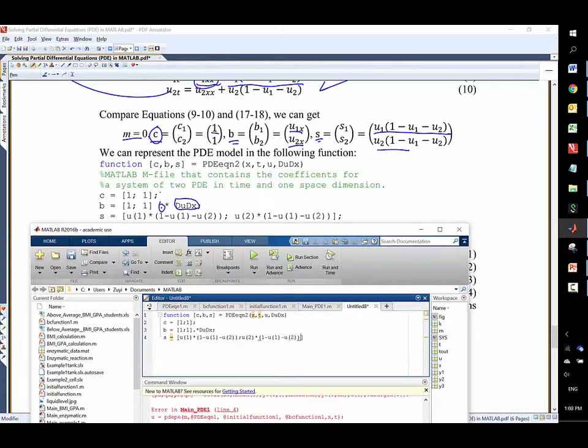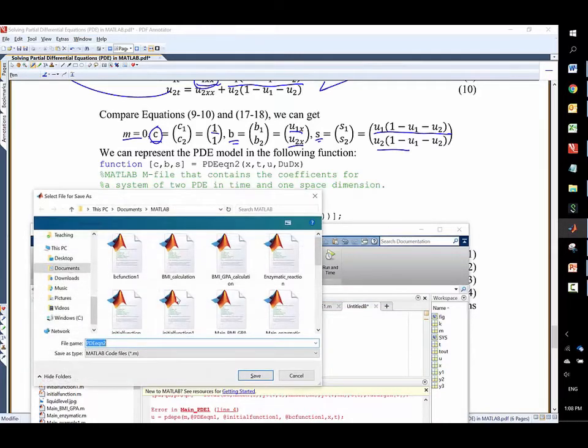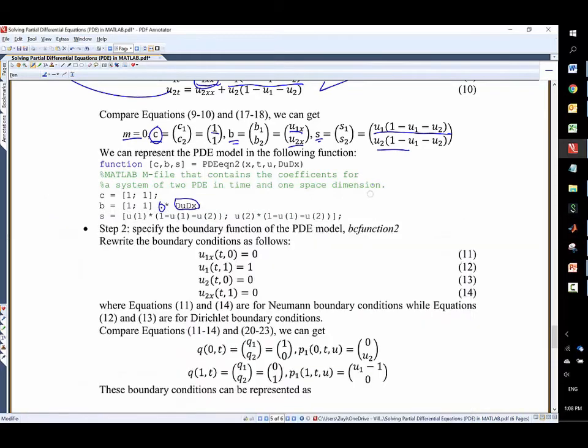So just be careful with the parentheses. And then we're done. Save it.